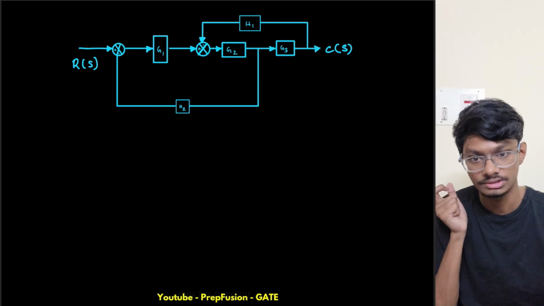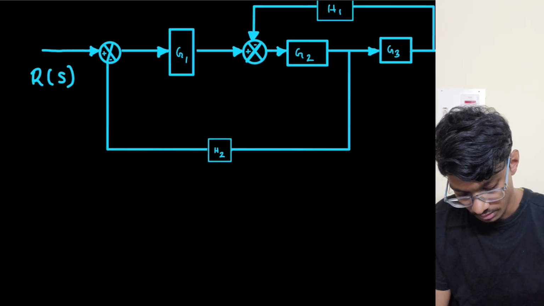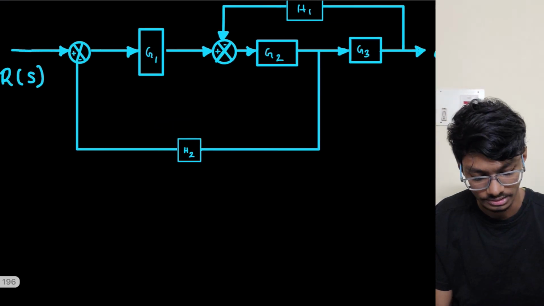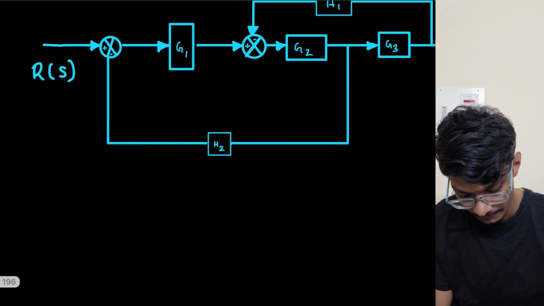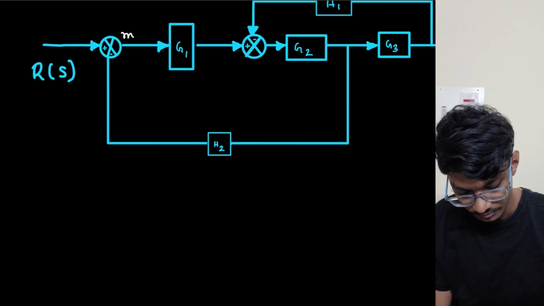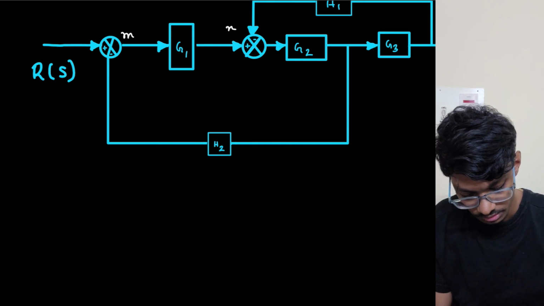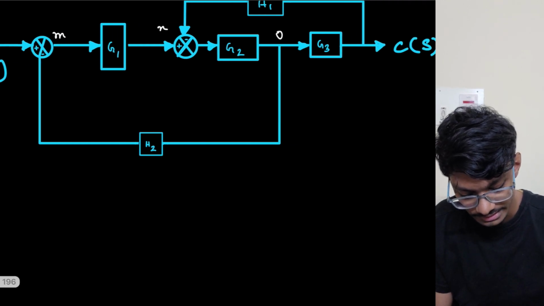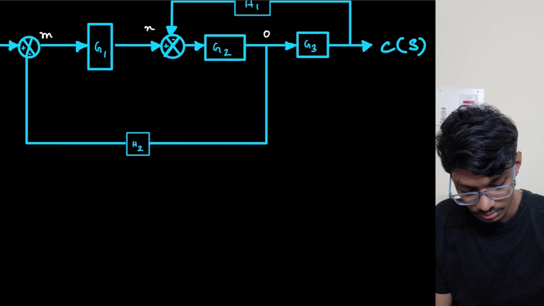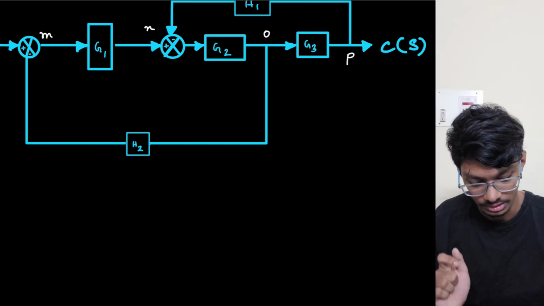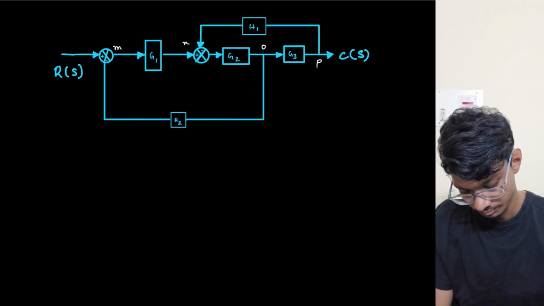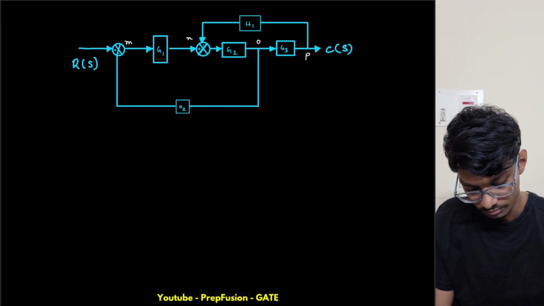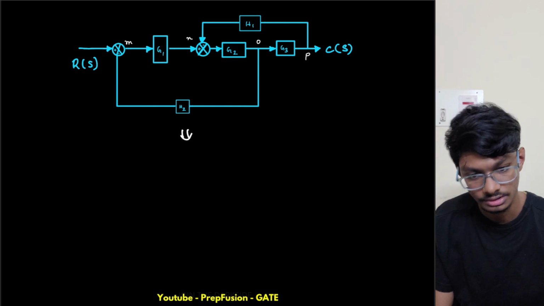What I will do is first name them. This is already a node, input node R, and this is already the output node C. So I will name this as M, this node as N, this node as O, and this node as P, and this is another node, the output node, that is C. Now I will convert this into a signal flow graph.